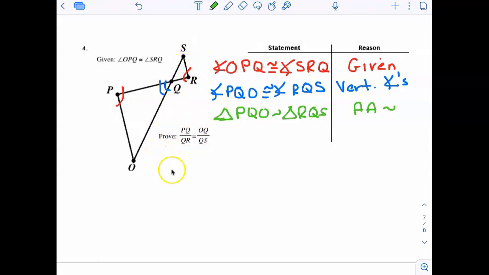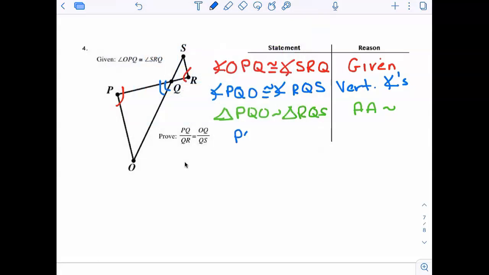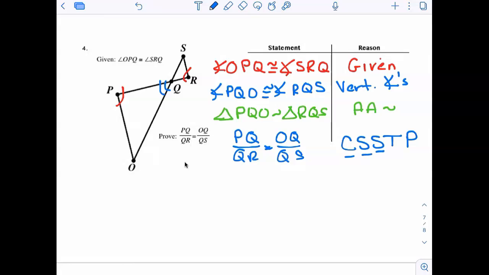So we're trying to prove that these two pairs of sides are proportional, which we can do now that we've proven that our triangles are similar. So PQ is to QR as OQ is to QS, and that would be the rule that we just discussed: corresponding sides of similar triangles are proportional.